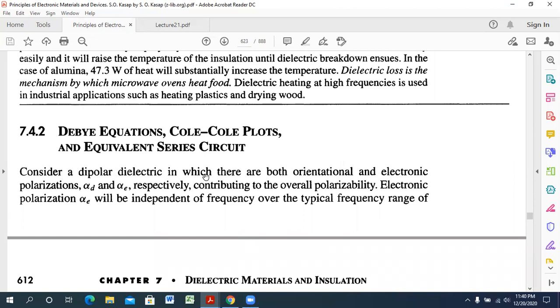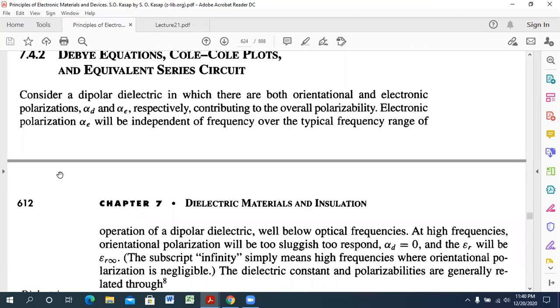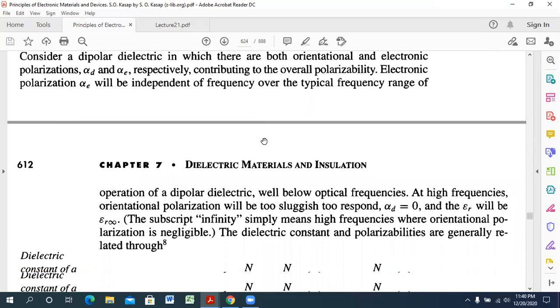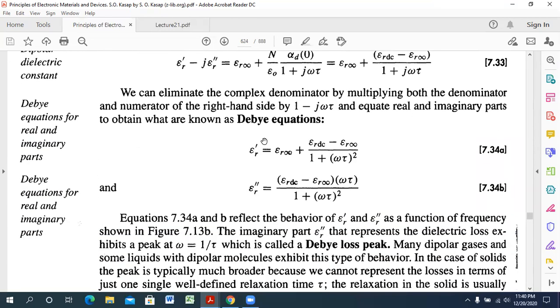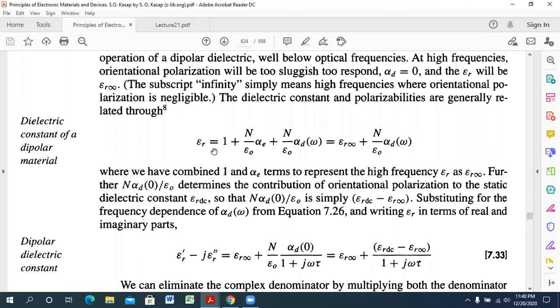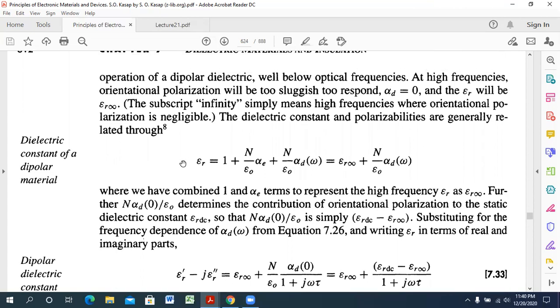The only thing you need to know, those who are doing your thesis on photonics or plasmonics or material science, is that this Debye equation is very important. And I think all of you know about this Cole-Cole plot from your Electronics 2 course or from your control system course.